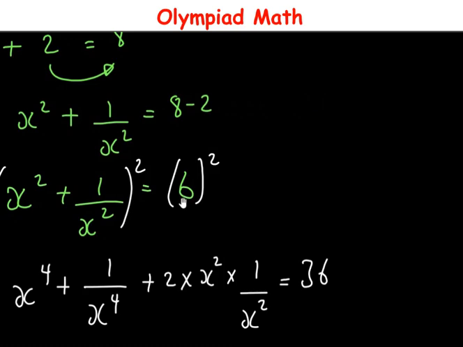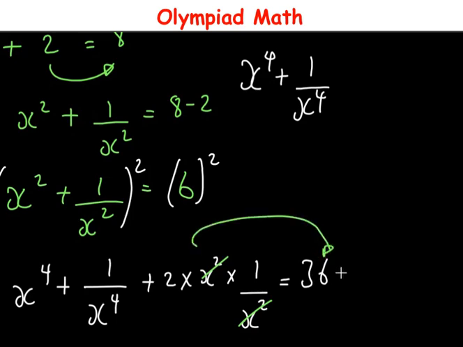So from here, we have x raised to power 4 plus 1 over x raised to power 4. x squared cancels x squared, 2 times 1 is 2. So move 2 to the other side. This becomes 36 minus 2, and this equals 34. So from here, we have equation 2.